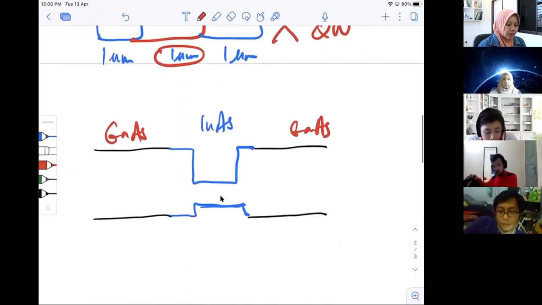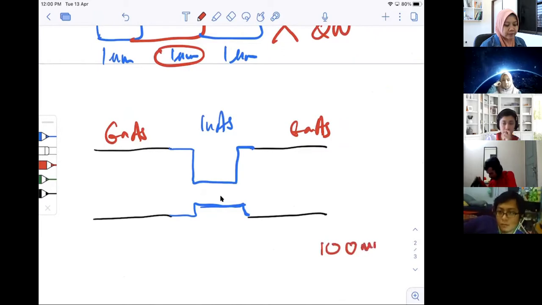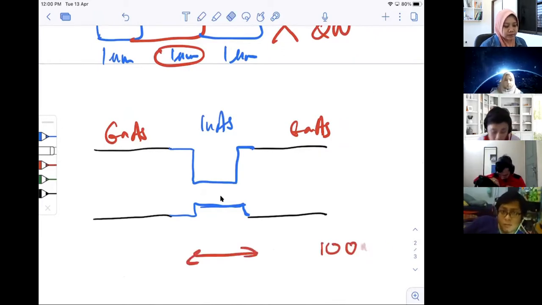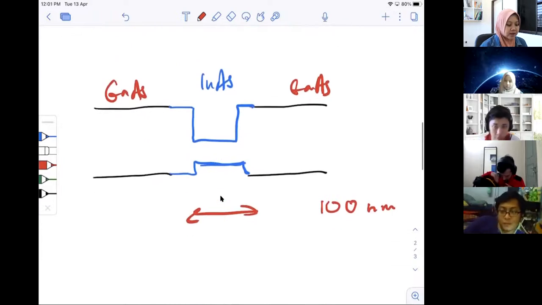Now, going back to this, so this is a quantum well lah. So let's say this is roughly 100 nanometer in thickness. So what happens is, let's say this is zero bias.